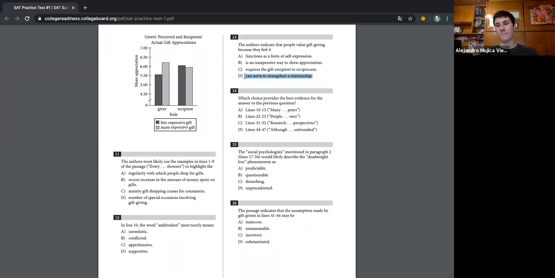This is the reason why. Because people believe that gift giving strengthens a relationship. If you give someone a gift, you show them your regard, your appreciation, and you create this bond because they believe you care, right? And yes, you show appreciation, but it's not inexpensive at all. So that's why that one is wrong. So D is the right answer. Okay?